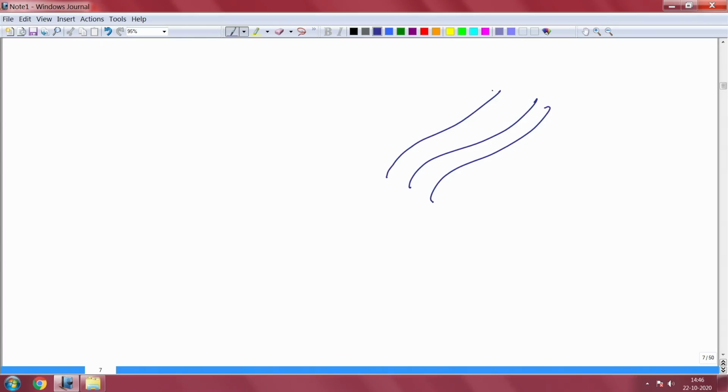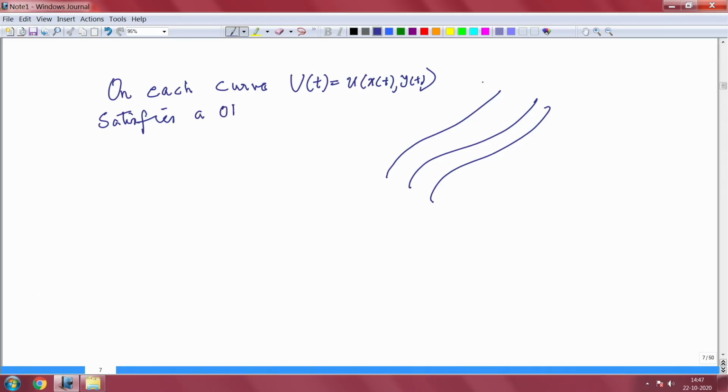On each of those curves, u is given by u(t) equal to u of x(t), y(t), which satisfies an ODE. That is what you got, you see.